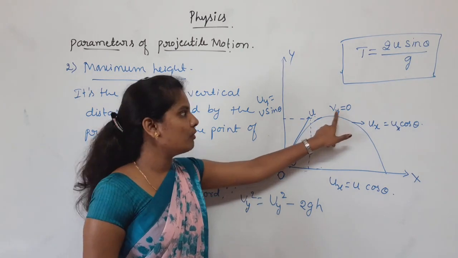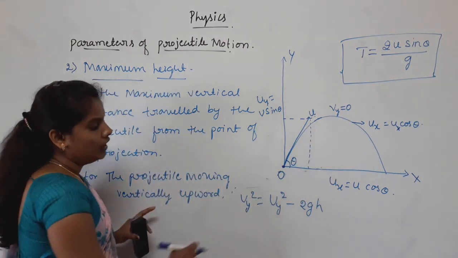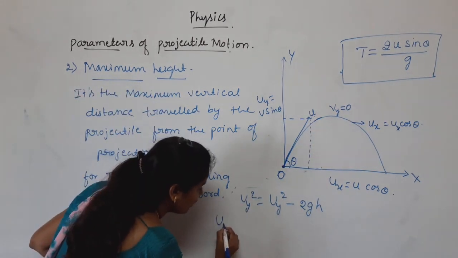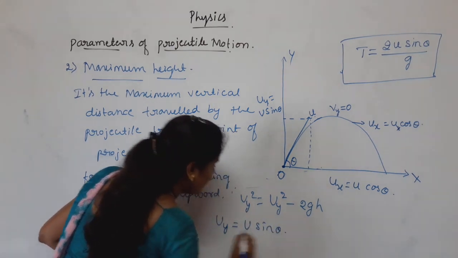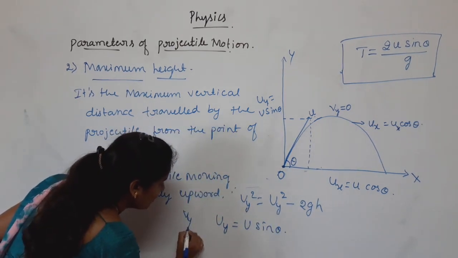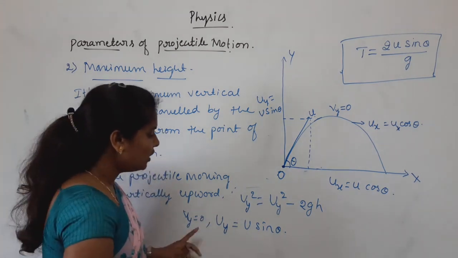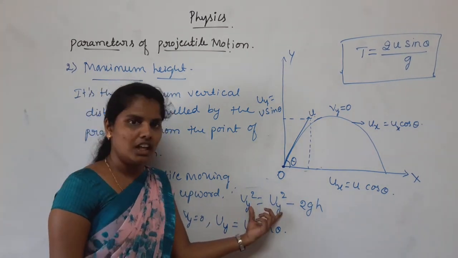The value of Vy is 0, and Uy equals U sin theta. Now substitute these two terms into this equation.